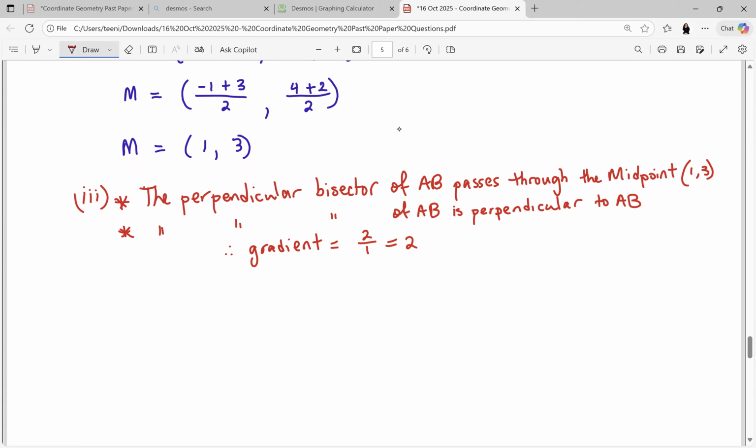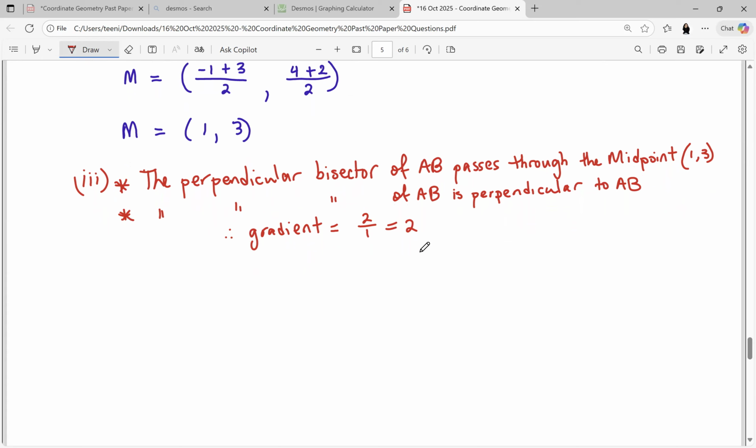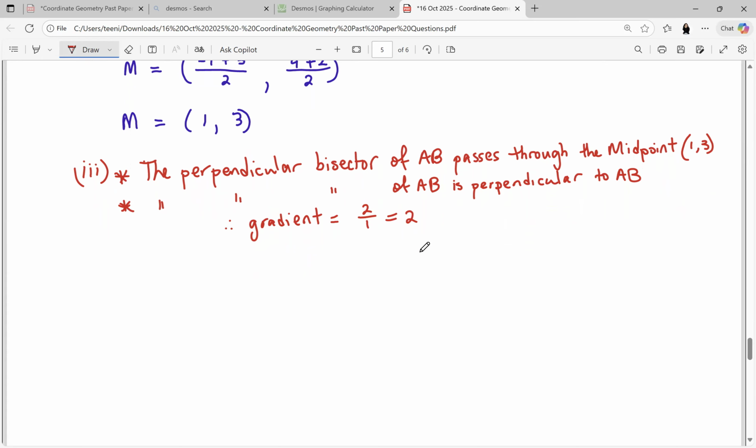All right, and now you have these 2 things which you need to consider. You have a point on the line and you have the gradient of the line. So we could determine the equation of the line by substituting that point and the gradient into y is equal to mx plus c. So substitute m is equal to 2 and the point (1, 3) into y is equal to mx plus c to find c.